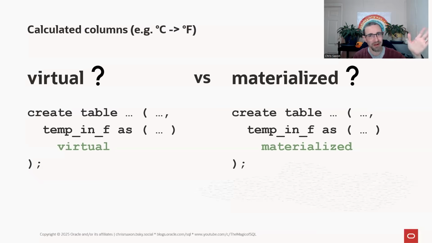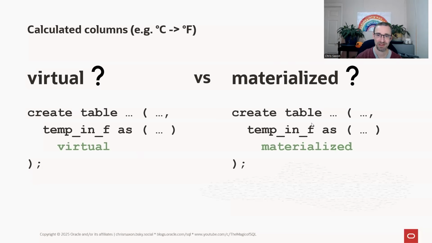You don't need to worry about someone getting the formula wrong because they used a different app or wrote the query wrong, or having different precision for rounding, right? Maybe we'll always round to one decimal place and someone forgets or doesn't know that rule and rounds to 10 decimal places. By having it in the table, it's one consistent place for it.